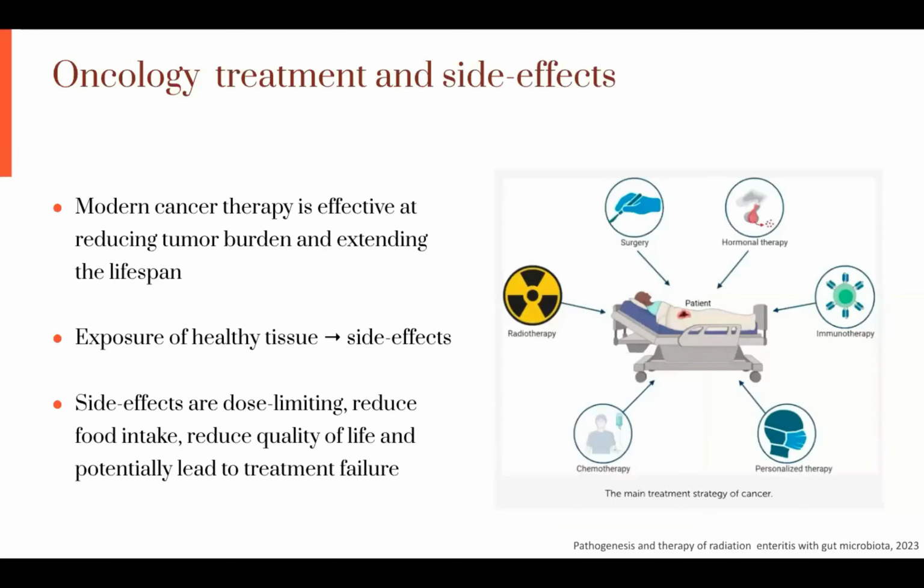Oncology treatments nowadays are very effective in reducing the tumor burden and extending the lifespan. They're also very specific and target the needed tissue. But exposure of healthy tissue will definitely give side effects. And these side effects will reduce the treatment efficacy, reduce the food intake and make the patient malnourished, reduce the quality of life, and potentially even lead to treatment failures.